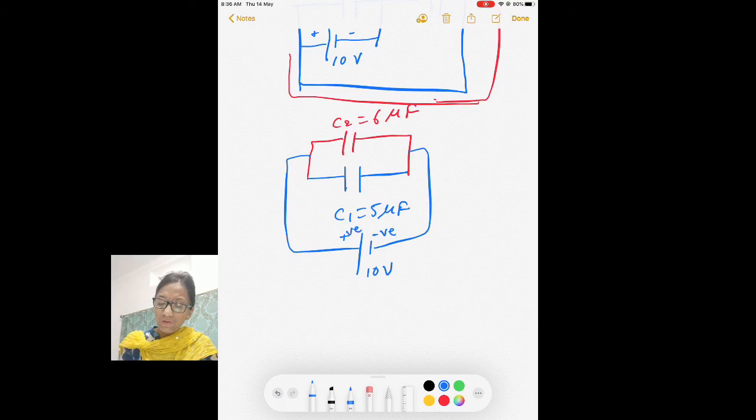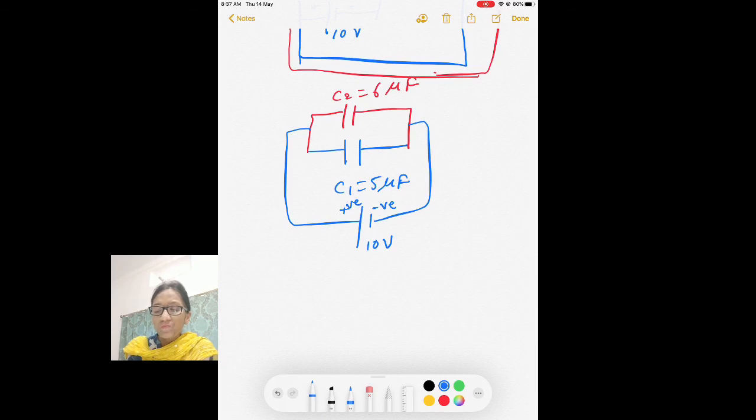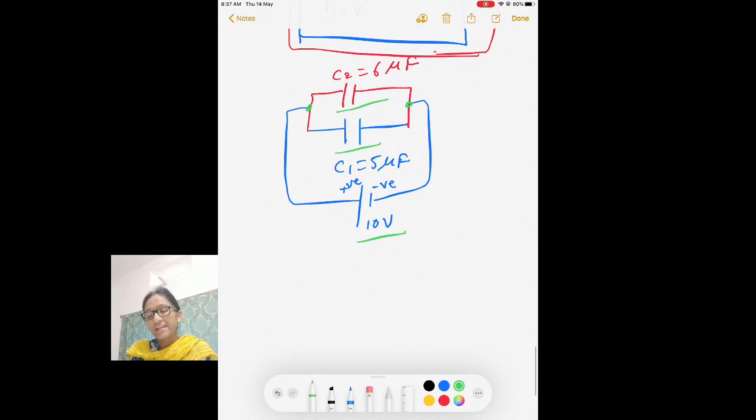When you notice these 2 points, the C2 capacitor, C1 capacitor and 10 volt battery are all connected in parallel, so the PD will be the same for all.